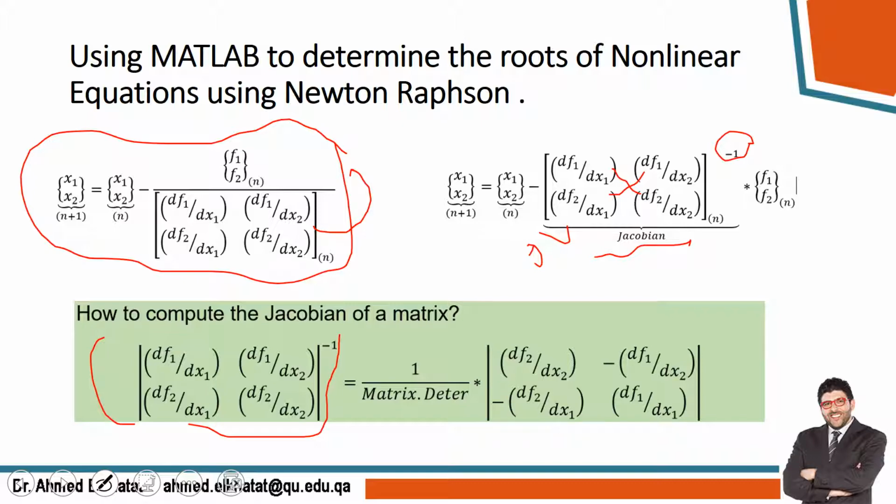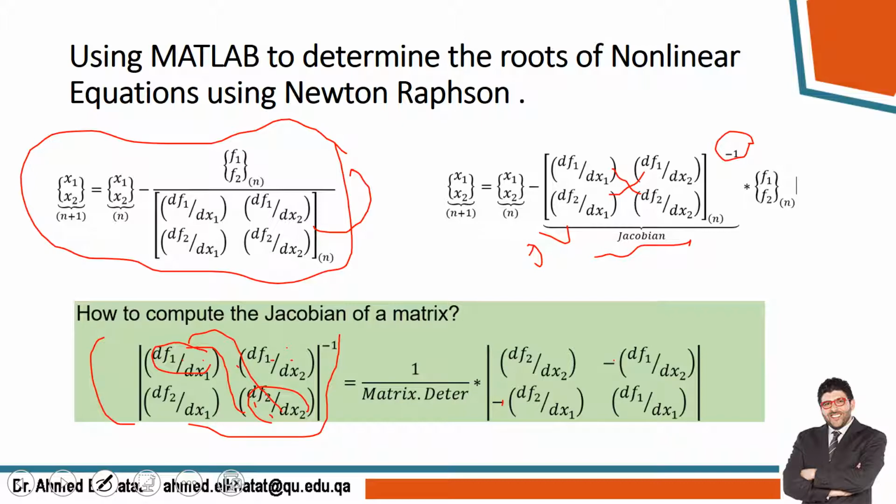Here we'll do some rearrangement. We swap these two together, so this one goes here and this one goes there. It will be df2 over dx2, and here df1 over dx1. The other two we keep in the same position, but we add a minus to each of them.